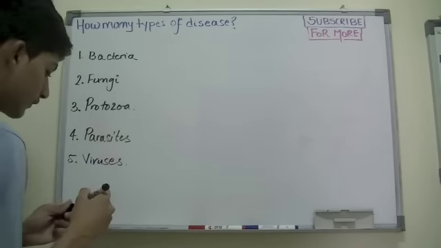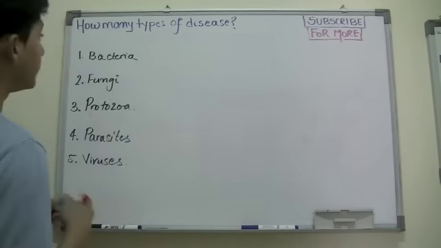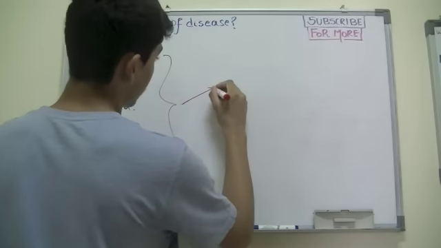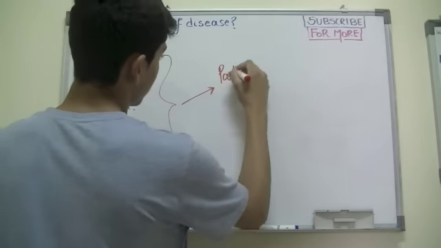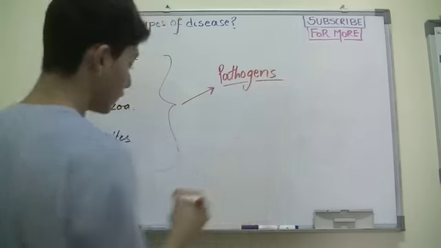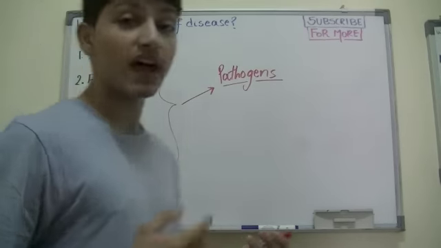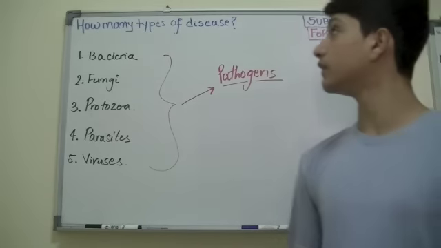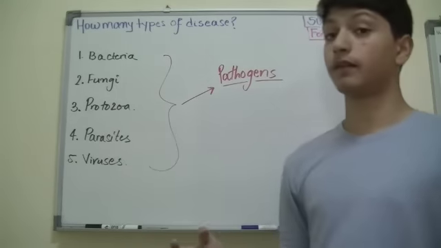These are the 5 different types of diseases, and these are known to be pathogens. So whenever someone is using the word pathogens, pathogens can consist of 5 different types of diseases.